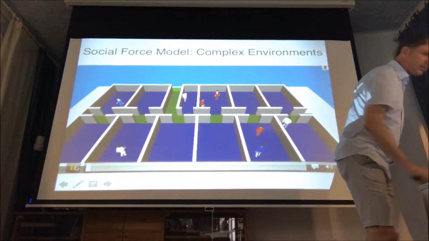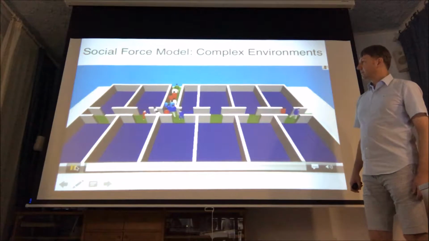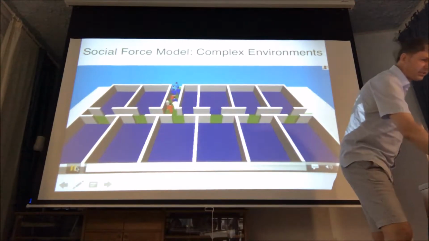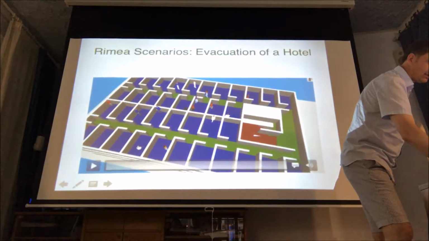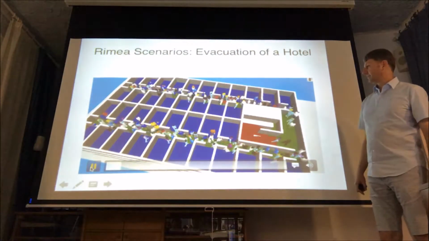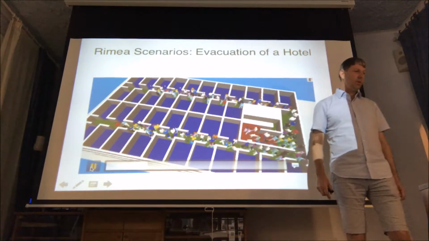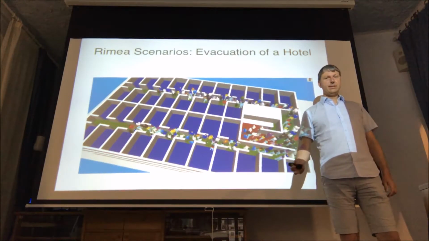Then we need to be able to handle complex environments, right, with many rooms and with corridors. We would even have to handle multi-floor buildings, such as hotels. If you want to simulate an evacuation, for example, then this is essential.